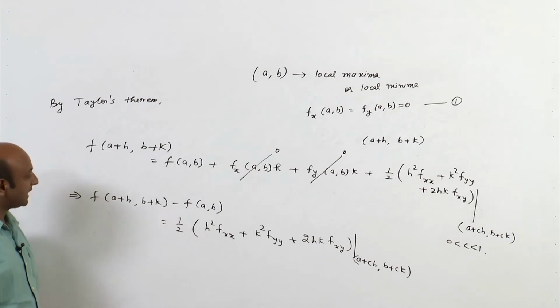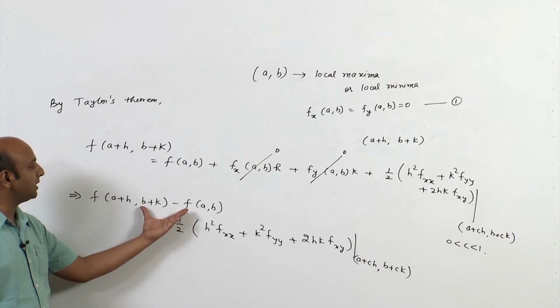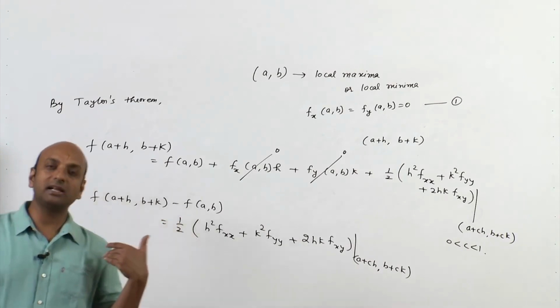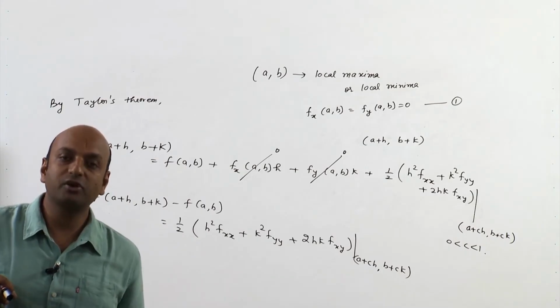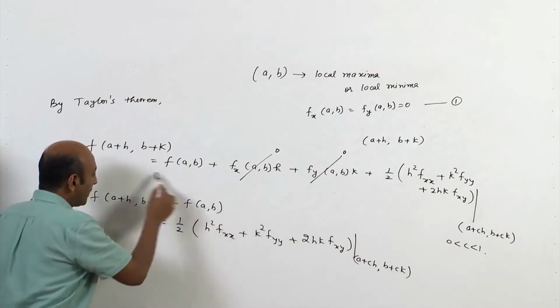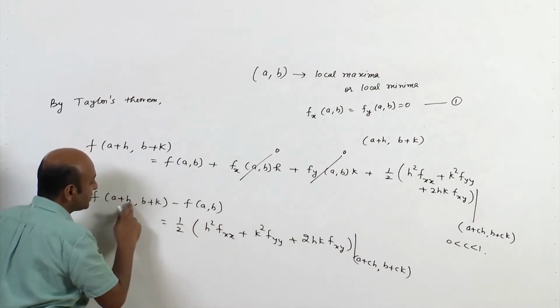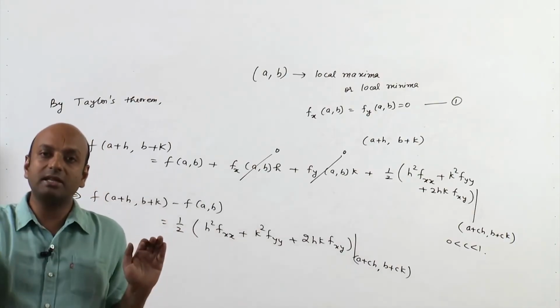And at a saddle point, for some h, k this will be less than 0, and for some other values of h and k this will be greater than 0. For a saddle point, h and k you can vary in that open disk, so they may be positive and they may be negative.